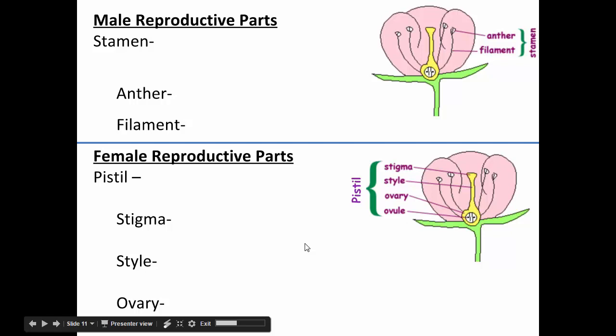It's not always the case, but it often is the case. Okay. So if we're looking at the male parts of the flower, we're looking at this model. These are the male parts of the flower. These are the male reproductive organs. Okay? The whole thing is called a stamen.